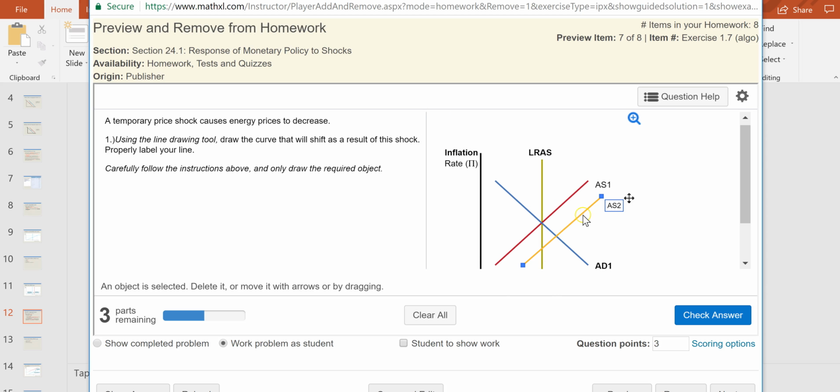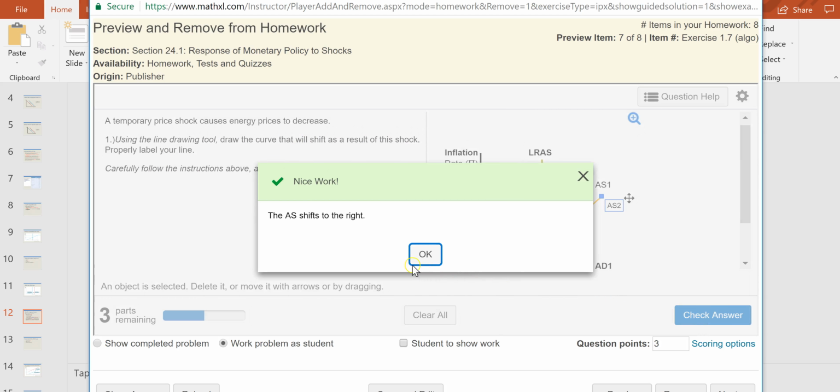With the shift of the AS curve down, the new equilibrium shifts to the right and down. So that means the new inflation will be lower, but output will be higher. That's our first part, using the line drawing to draw the curve that will shift as a result of this shock. And we have done that. Now let's check our answer. Nice work.